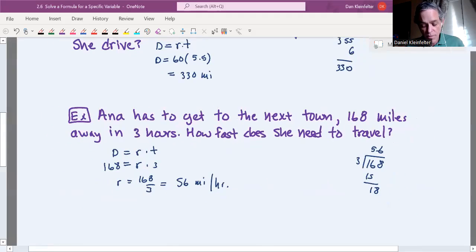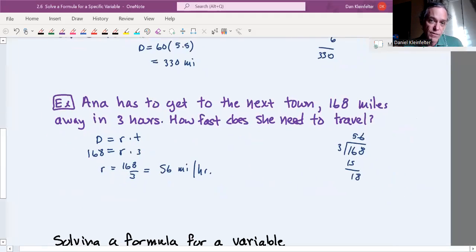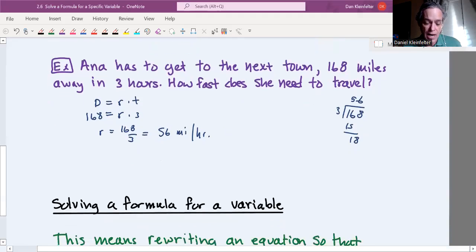All right, so this formula involving distance, rate, and time is an example, of course, of a formula. This one has 3 variables in it. The equations we've been working with so far typically have had only one variable. A formula is typically an equation that has more than one variable in it and often has some sort of so-called real-life interpretation like this one involving distance, rate, and time.